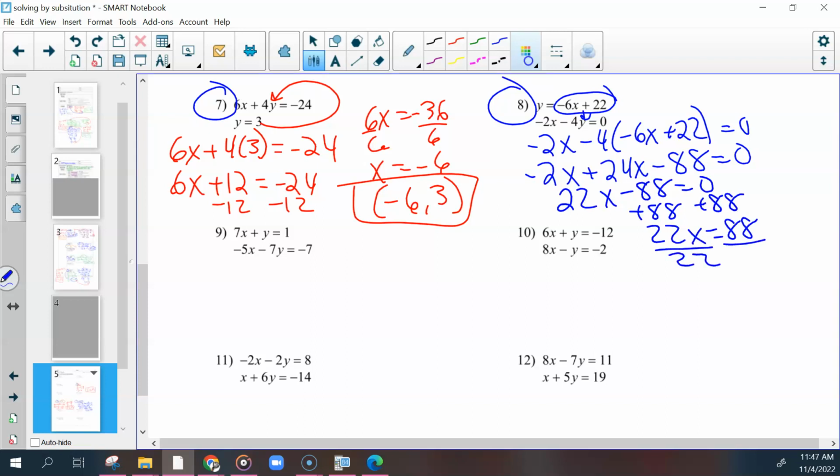So that x equals 4. And then we just have to find our y.